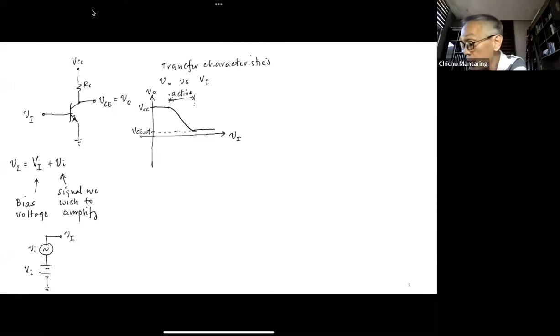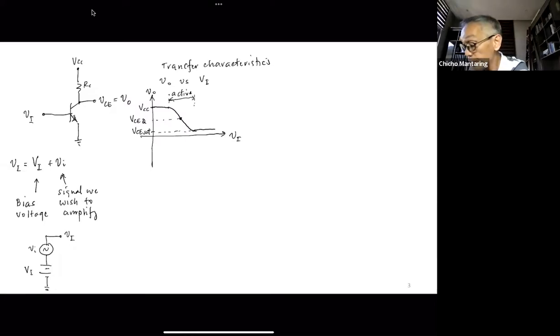Now, our operating point should be properly chosen. So let's say this is our operating point. We call this VCEQ, our quiescent point, VCEQ.